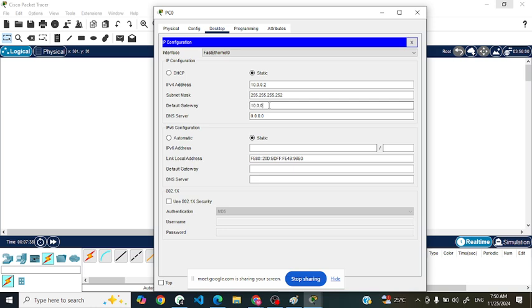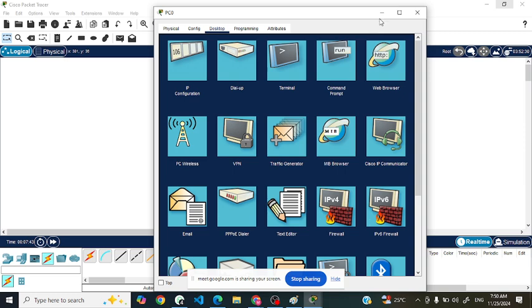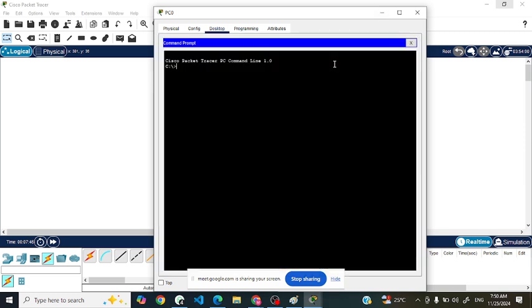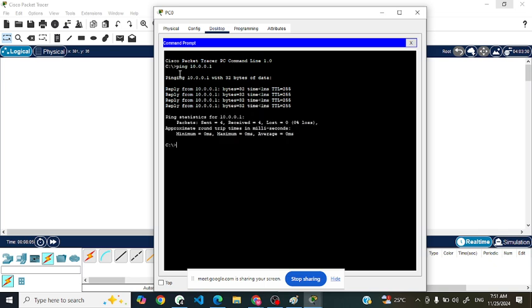Start revising subnetting. So first of all, what will we check, Abdul? Ping, to check whether there is communication between the router and the PC. So the connection is perfect between router and PC. Now we can Telnet to the IP address 10.0.0.1.